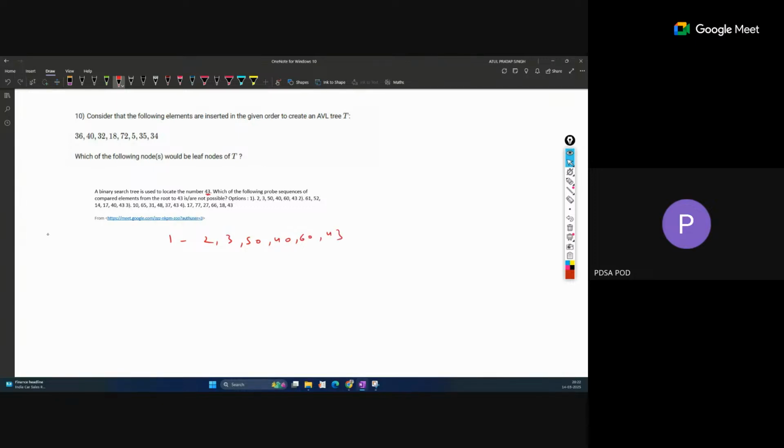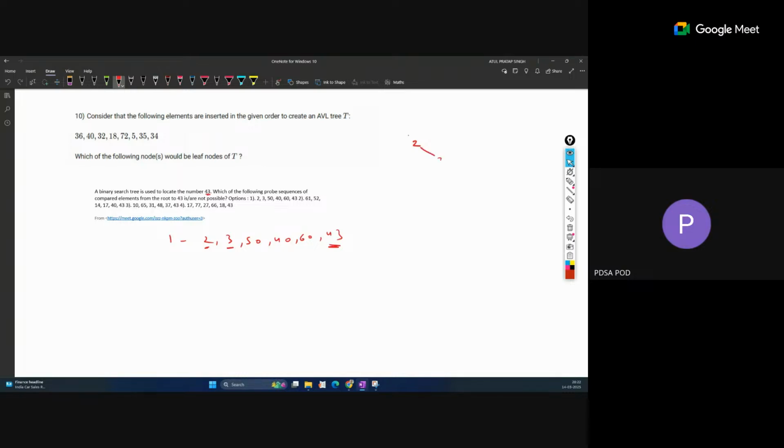Because we are looking for 43, the first node is the root node, so this is 2. Now the second node, definitely, because 43 is greater than 2, we will move to the right side only.